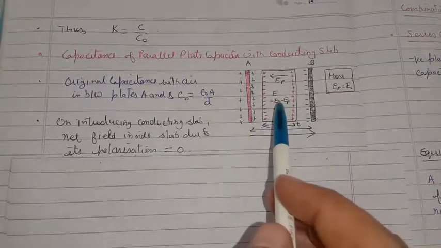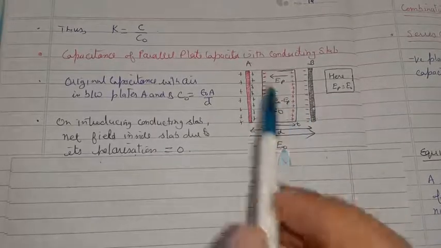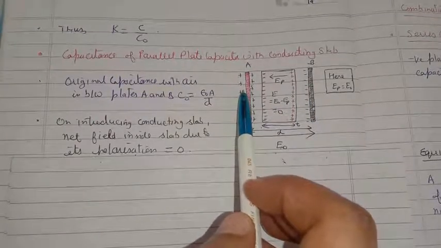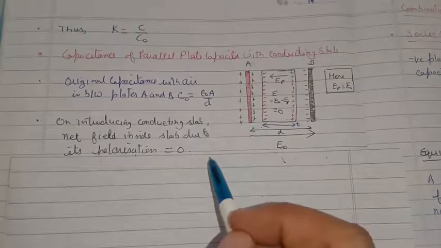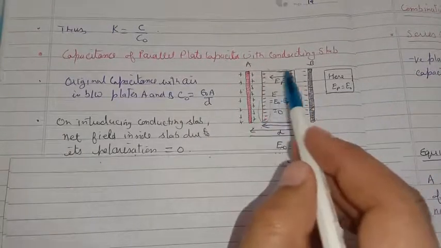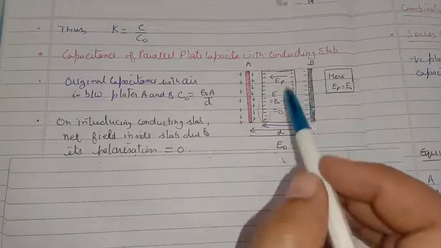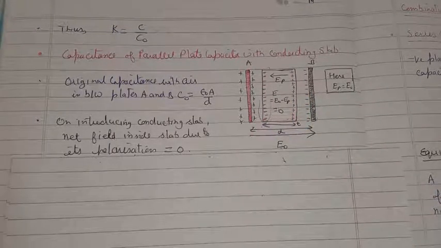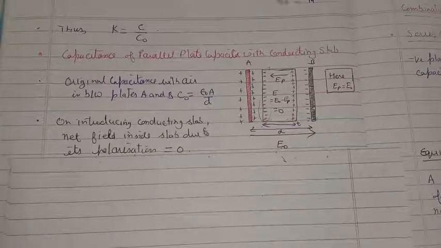When it is placed in the electric field E naught existing between plates A and B of the parallel plate capacitor, its polarization will also take place, due to which induced charges will be there on its surface. Now, because it is a conducting material, it contains a huge number of free electrons.